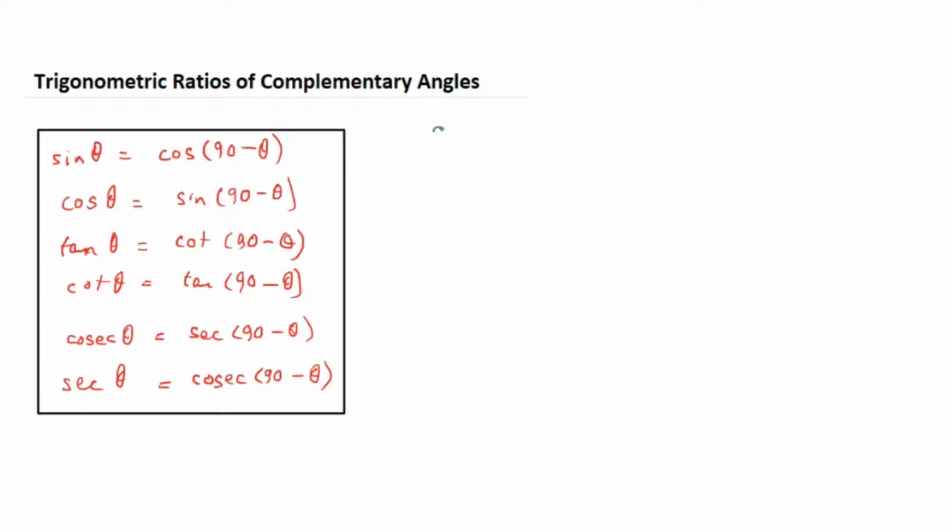Let's say sine of 53 degrees will be the same as cos of x. We have to find the value of x. Now using this identity, this cofunction identity, we see that sine of theta is the same as cos of 90 minus theta. That means we can say theta here is 53.